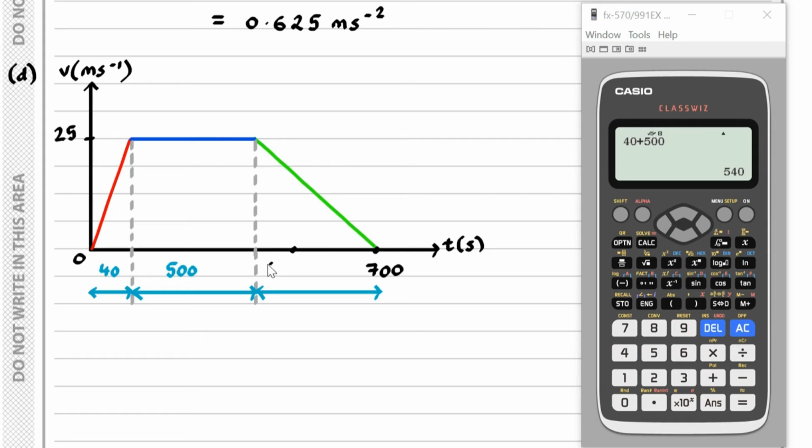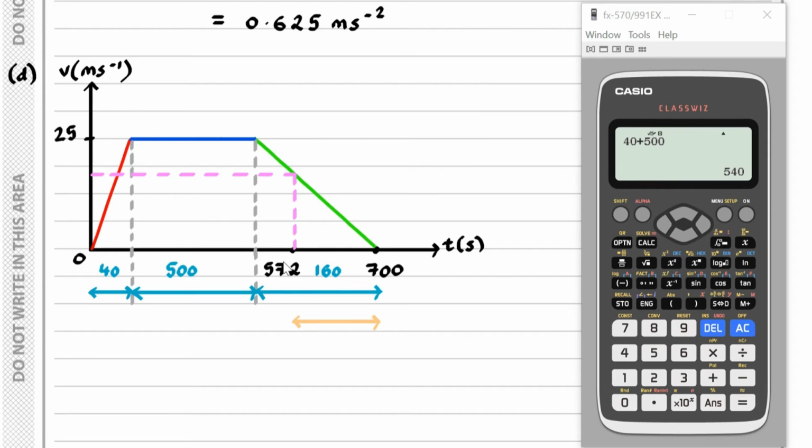572 will be somewhere over here then. So here we have 572, and here we have the 160. And what we need to do in this question, we need to find the corresponding v value. So to do this, we can use similar triangles.